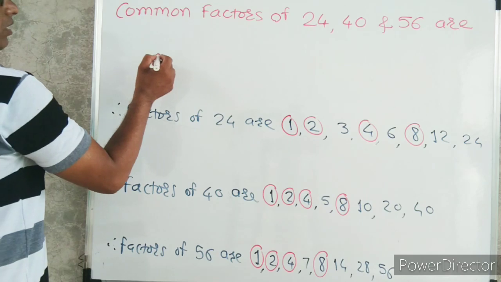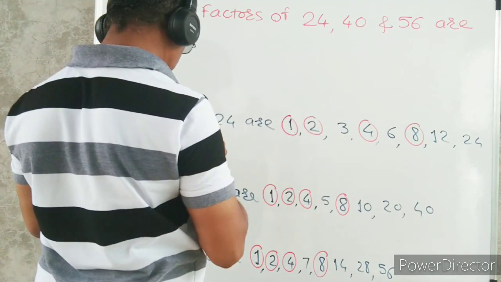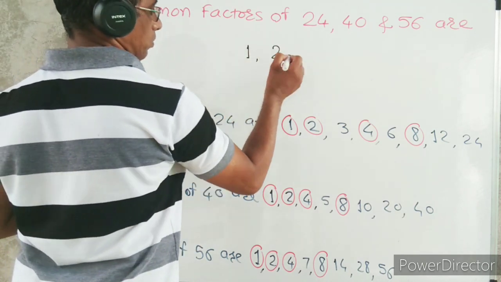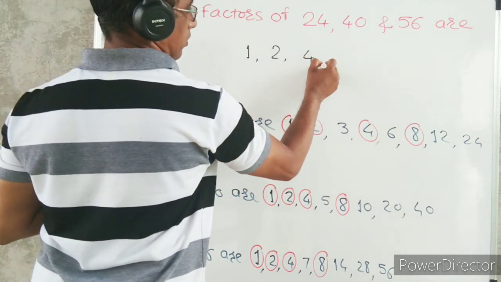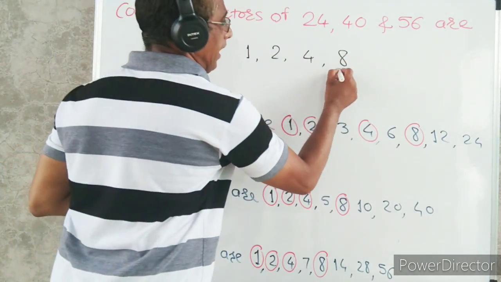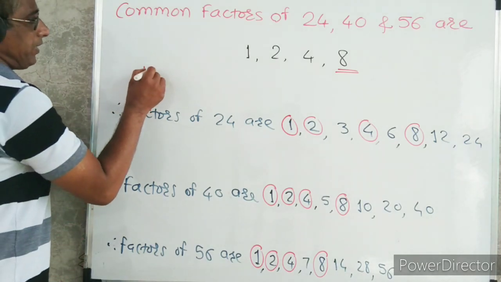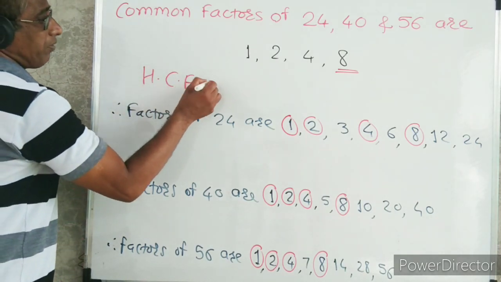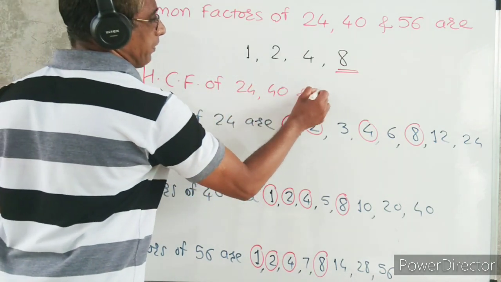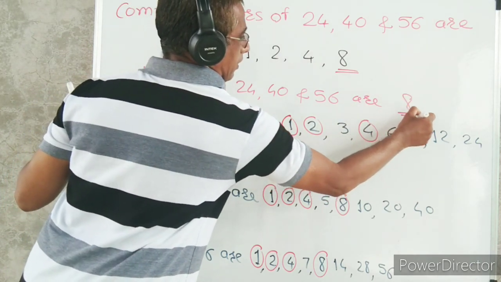Means common factors of 24, 40 and 56 are 1, 2, 4, 8. So 8 is the highest common factor. So highest common factor, means HCF, of 24, 40 and 56 is 8.